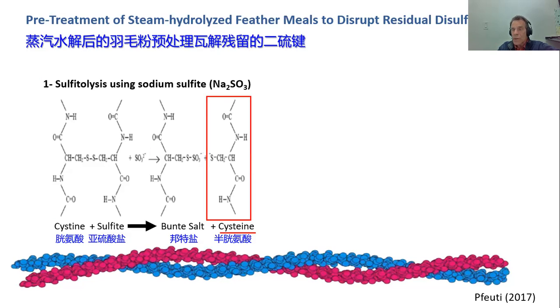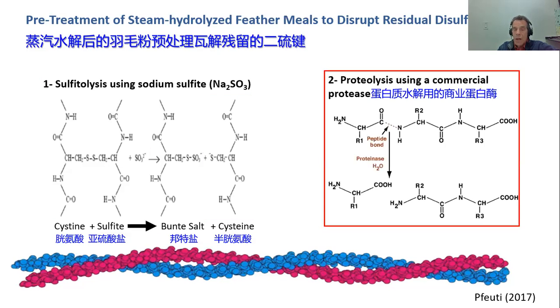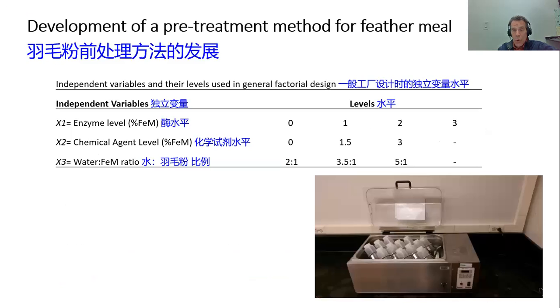So one of the cysteine residues within the cysteine dimer becomes unstable. Then Guillaume used a commercial protease to hit the feather meal, the keratin, when this disulfide bond was destabilized, thereby hydrolyzing the protein, which was now susceptible to degradation by the protease. You use a protocol.